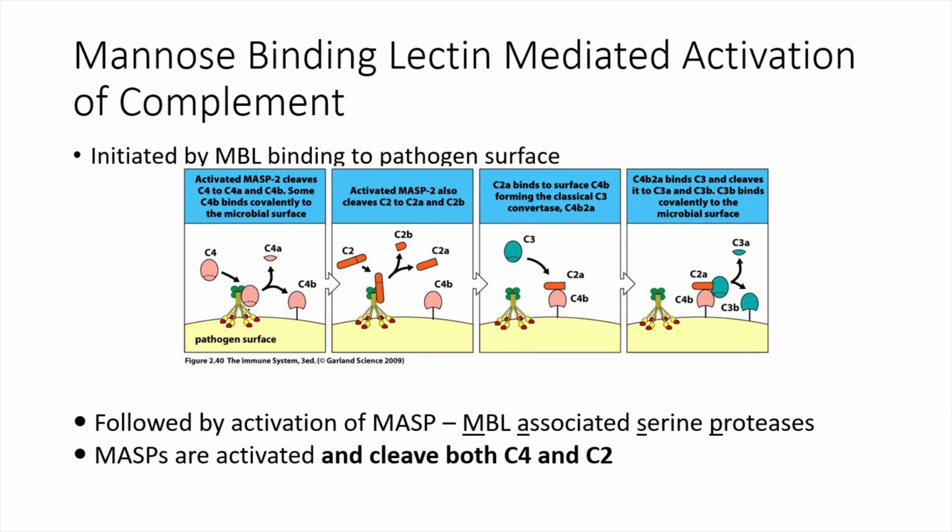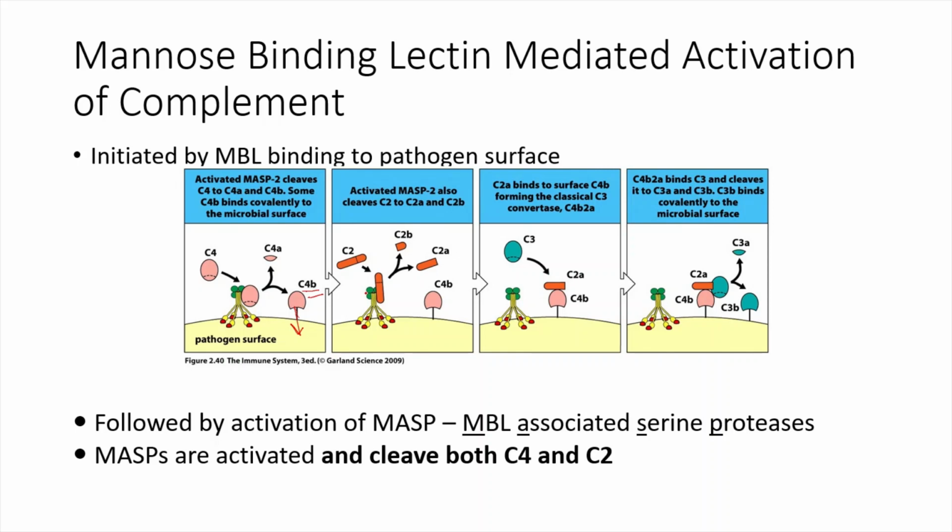It's a long name, so MASP is enough. This MASP will cut C4, the free floating soluble C4, into a big piece and a small piece. C4b is the big piece, which covalently binds to the pathogen surface.